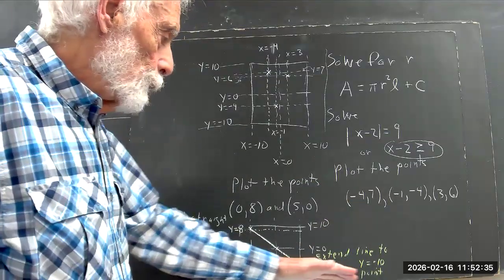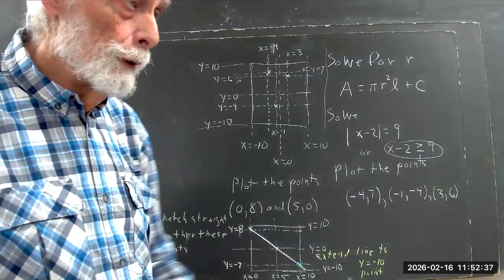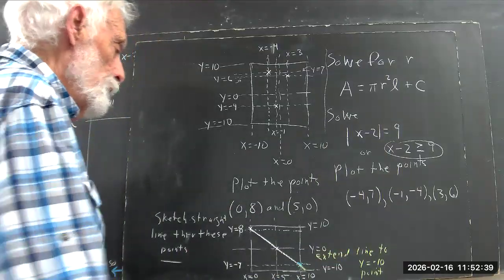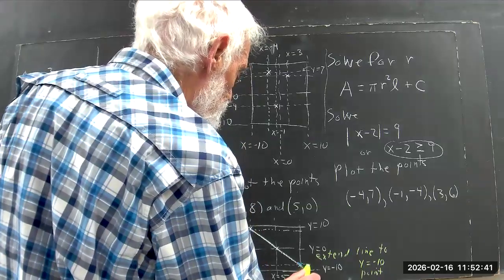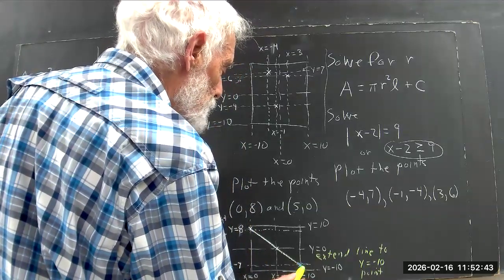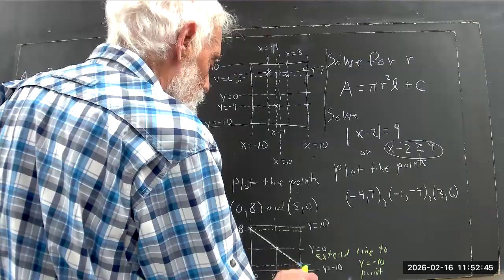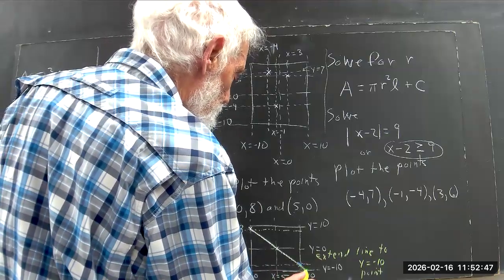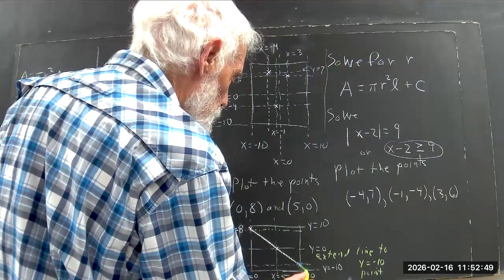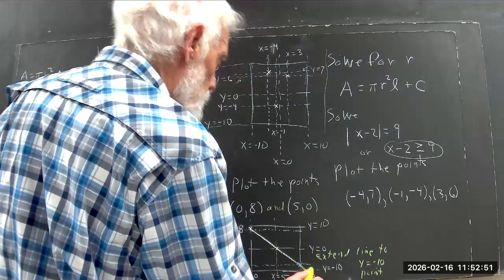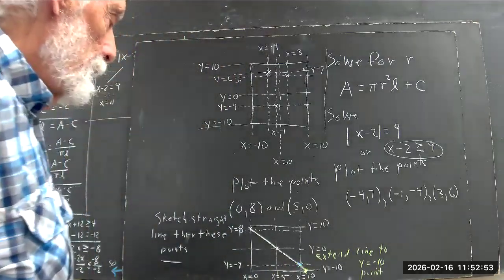I've got the dotted line for y equals -10, goes right through the lower edge. So I can see that the graph extends just a little bit, not all that far. And we hit a point here.